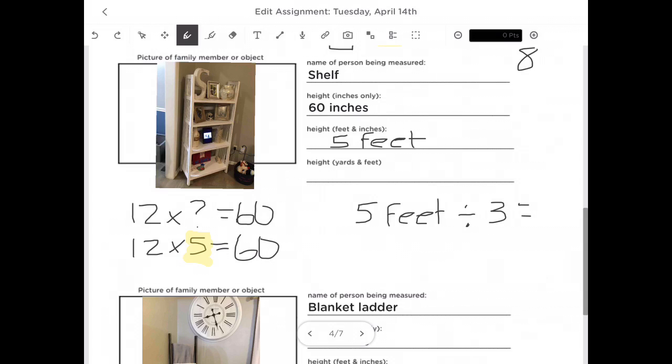So when you divide, you know that 3 can only go into 5 one time. So again, you're going to have 1 yard. Then you have that 2 left over, and that's going to be your feet in this case. So 1 yard and 2 feet is going to be your answer.